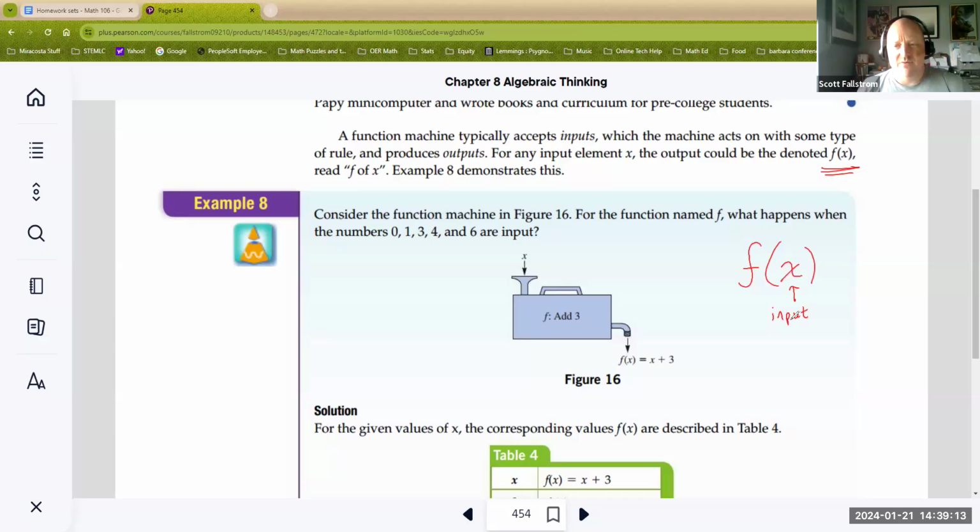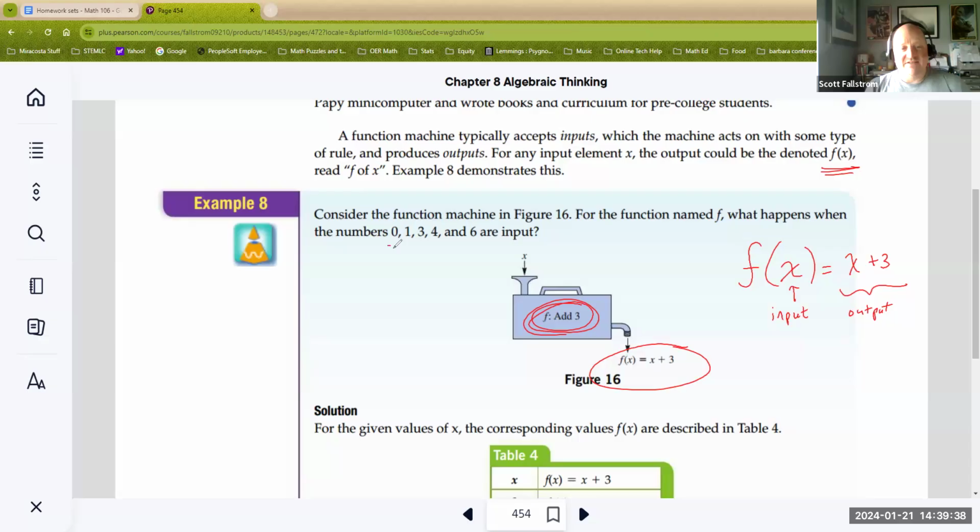So oftentimes your input value would be x. And then afterwards, we write what is the output from the function. So if your function was to add 3, then you would take your input value and add 3. And that would be how we'd write it function-wise.